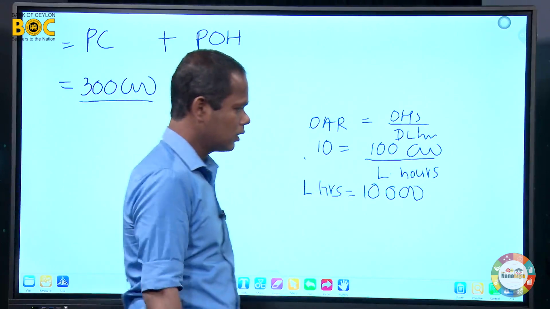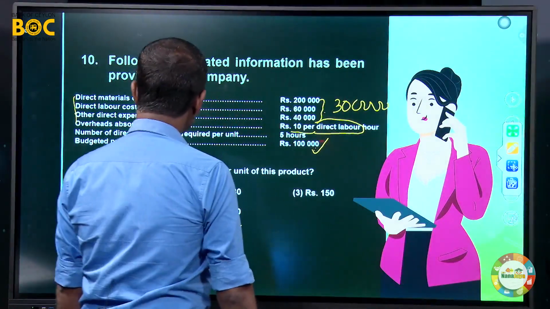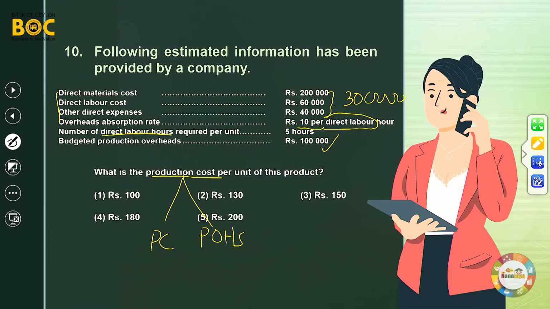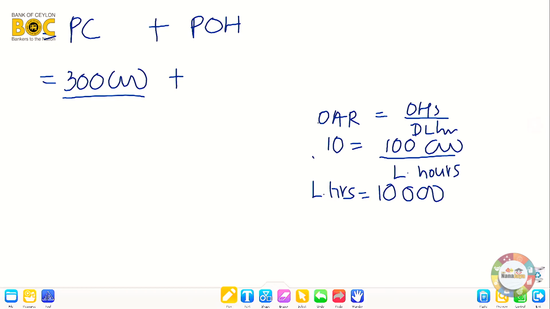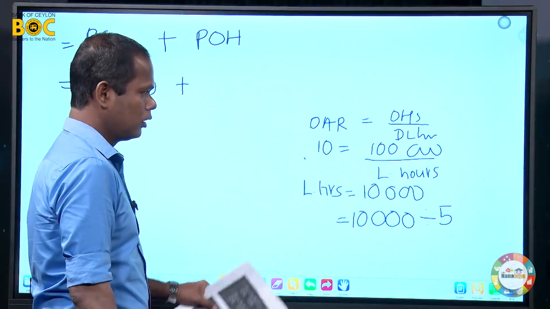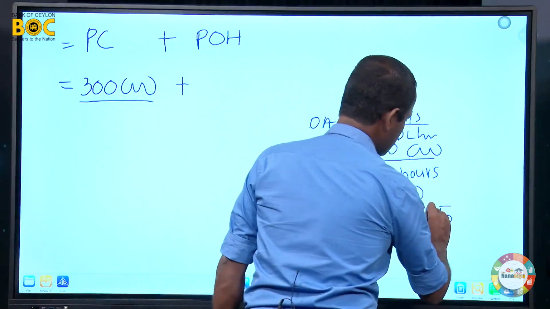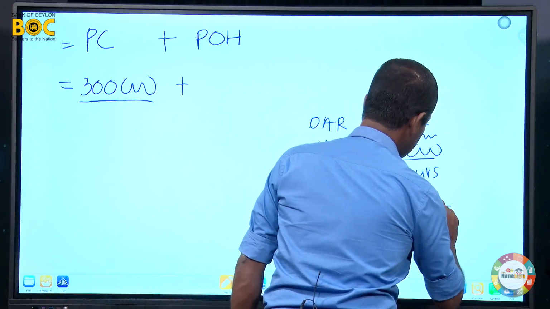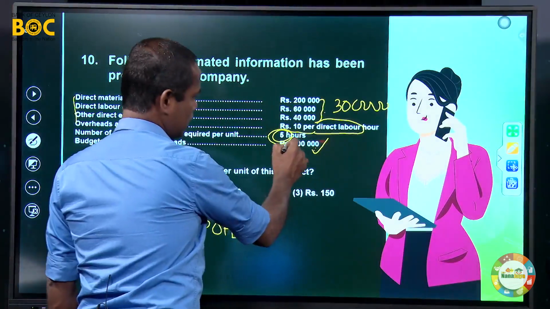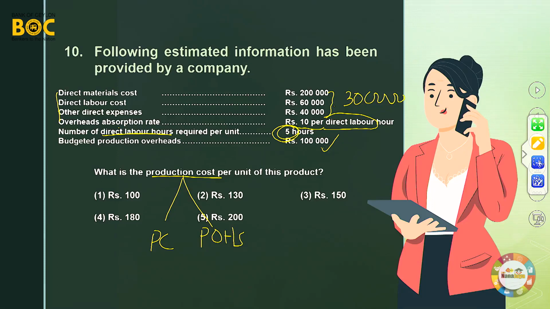The number of direct labor hours required per unit is 5 hours. Then how many production units? The total labor hours used are 10,000, and per unit you take 5 hours, as given here.